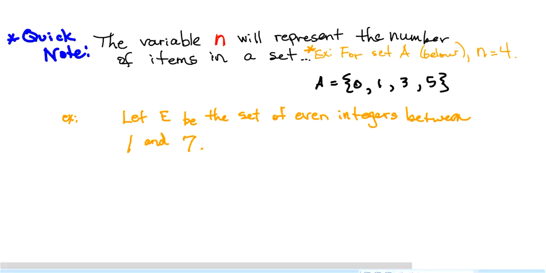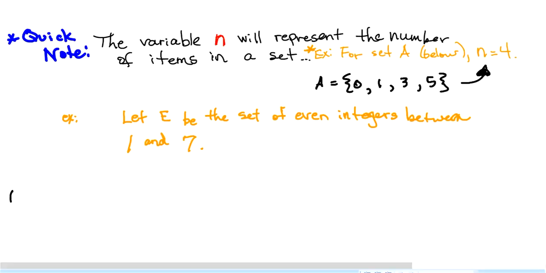Well, for this data set, there are 1, 2, 3, 4 elements. So n is 4. We needed a variable that represented the number of items in a data set, and that's what the letter n will do for the rest of this semester, for the rest of statistics in your life.